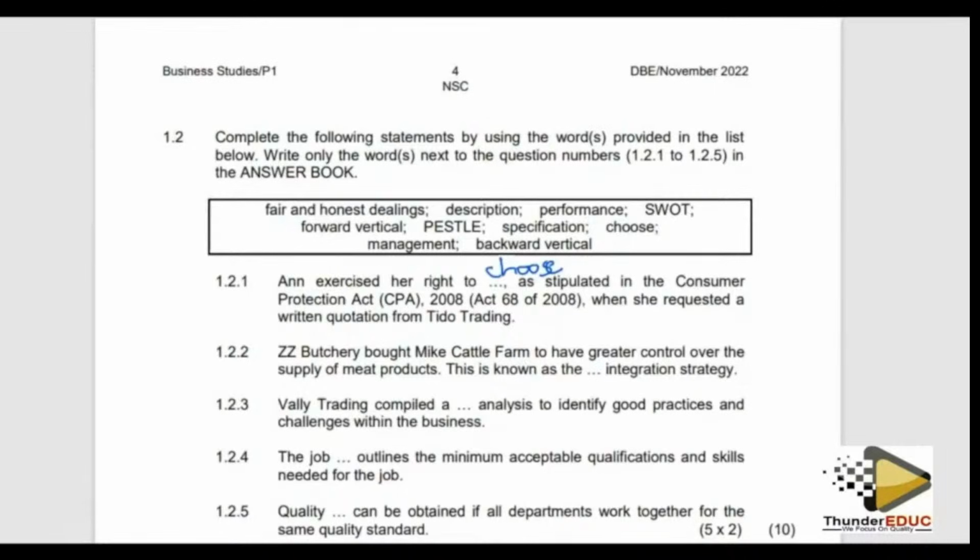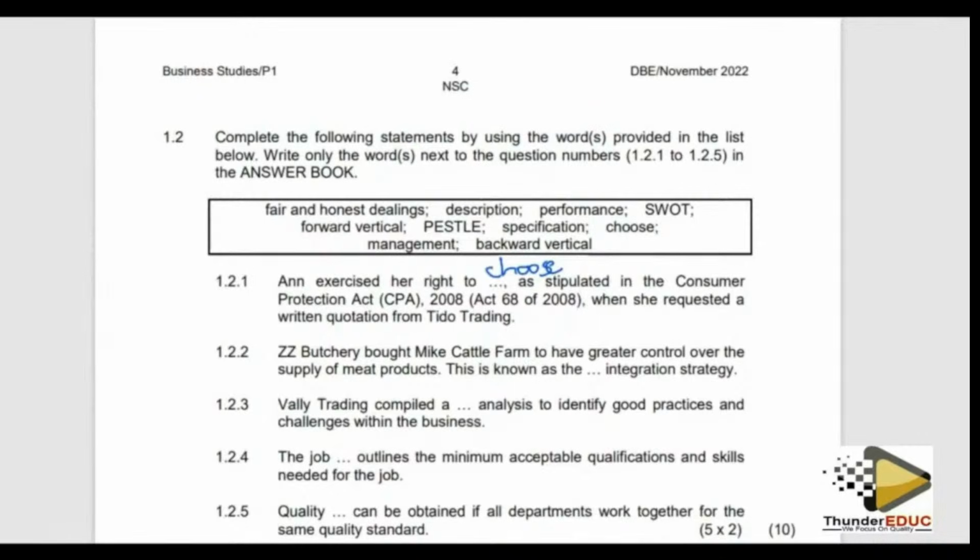Double Z Butchery bought Mike Cattle Farm to have greater control over the supply of meat products. So this one, before you can even finish it, it calls for backward strategy. So now let's proceed. Now we check if ever we have backward strategy given. So now, okay, it's there.